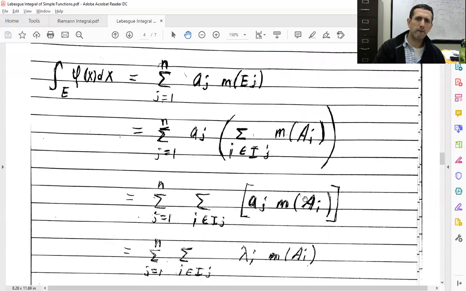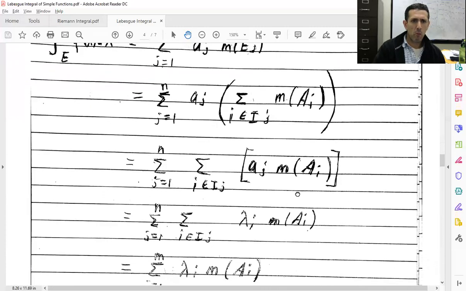Remember, if little i is in big I_j, then λ_i is a_j. So by definition, a_j is λ_i if little i is in big I_j. Just go back and look at the definition.